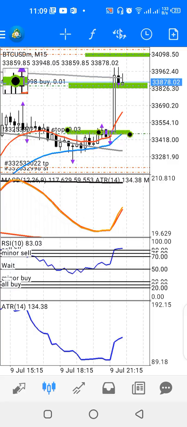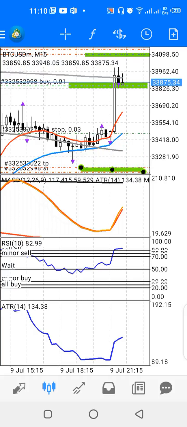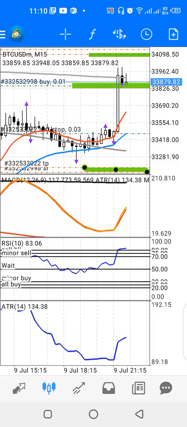But in line with the strategy, you expect to pick the second trade, and if price goes against your initial trade, the second trade's lot size is 3 times the first trade, so you're expected to recover your loss and then break even. Break even is a point where both trades get to the other side, which is around here, and then you neither have a loss nor a profit.